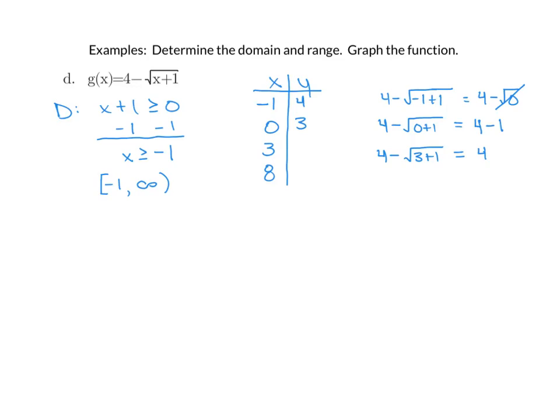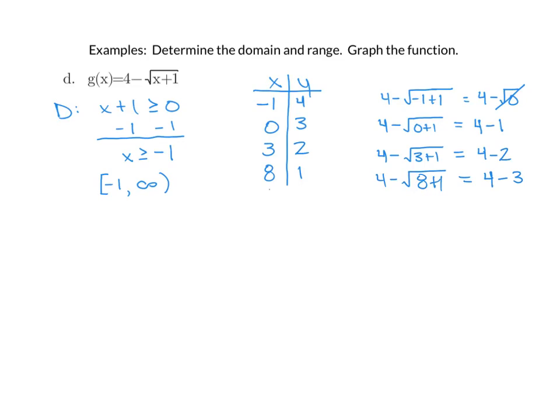Let me just try that again. We should get 4 minus 2, which is 2. Alright, last one, we get 4 minus the square root of 8 plus 1. 8 plus 1 is 9, and the square root of 9 is 3. So we get 4 minus 3 is 1.